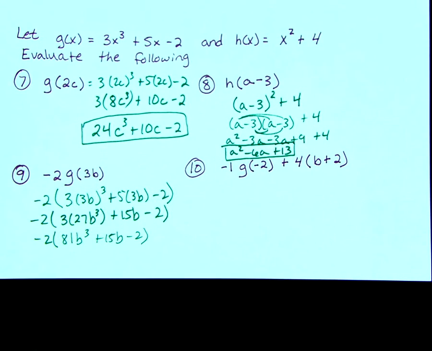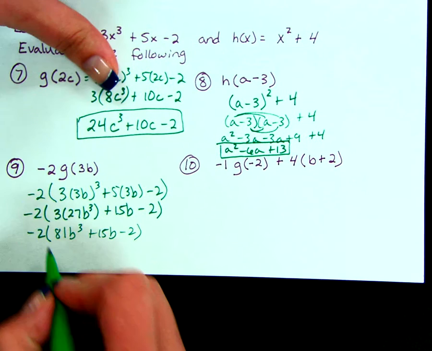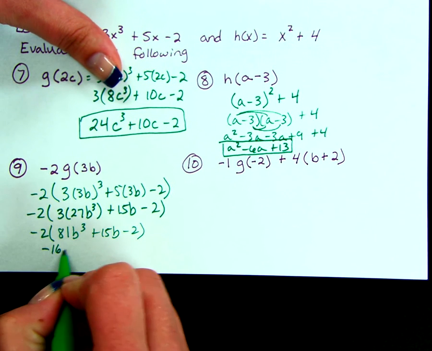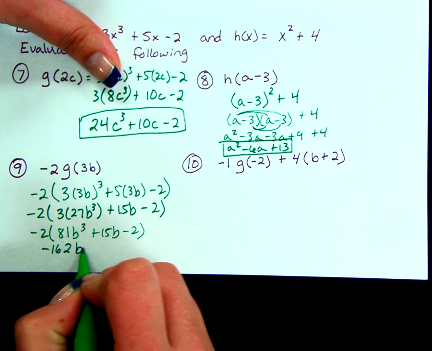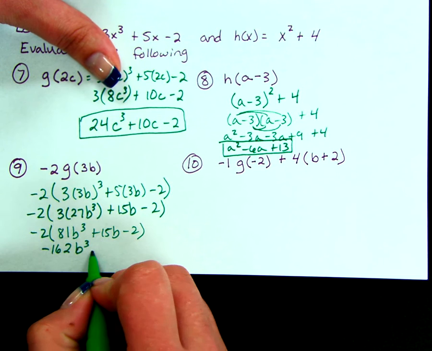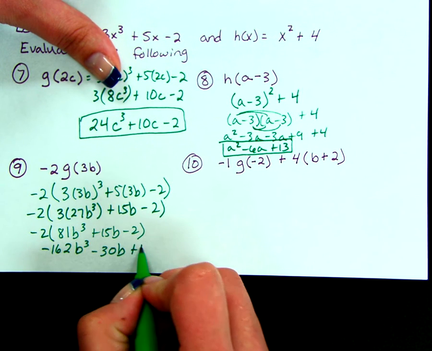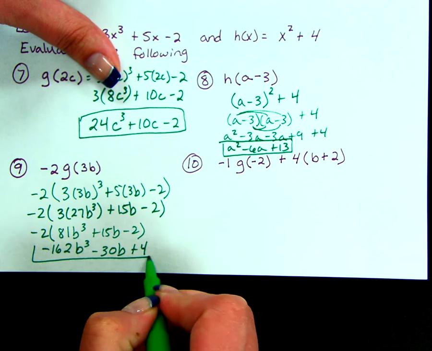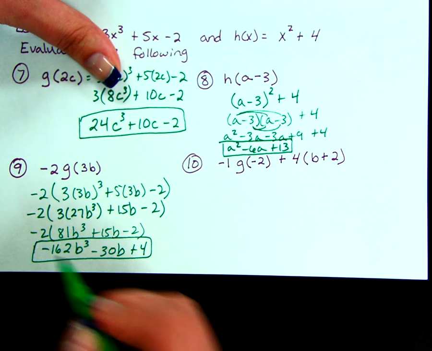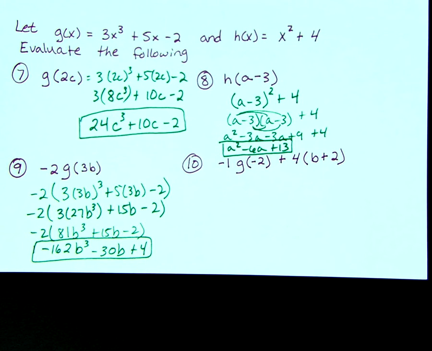And then now we're going to distribute that negative 2 in. Okay, so negative 2 times 81 is going to be negative 162b cubed. Negative 2 times 15 is negative 30b. Negative 2 times negative 2 is a positive 4. Okay. So that would be our final simplified answer.